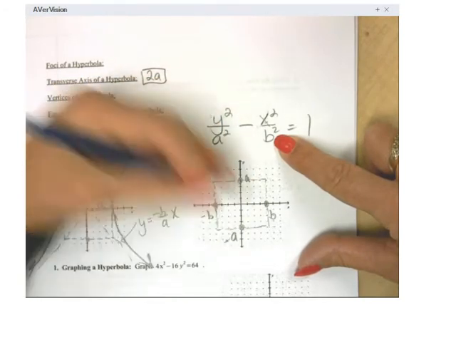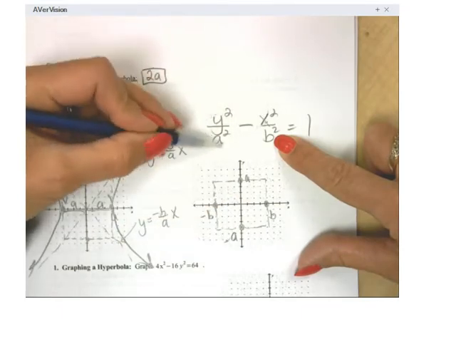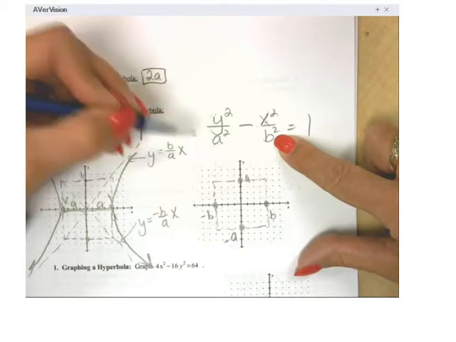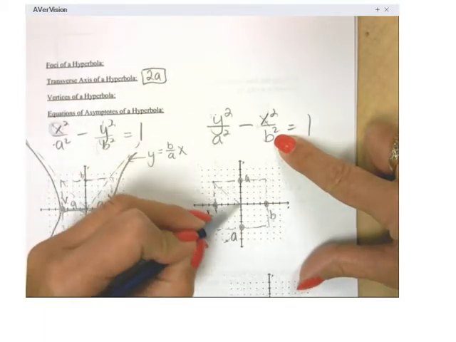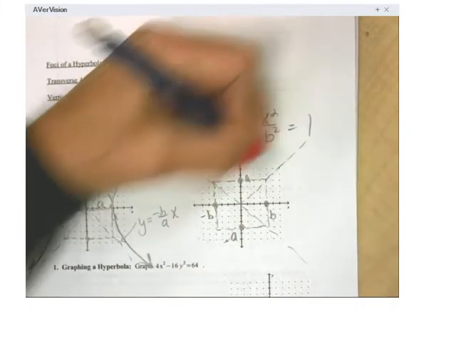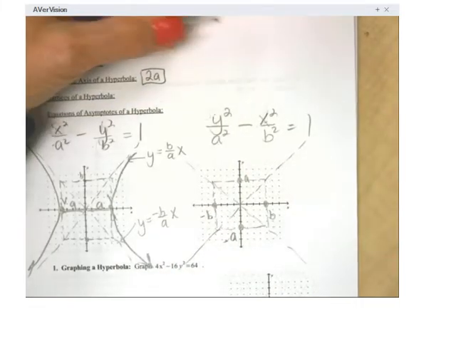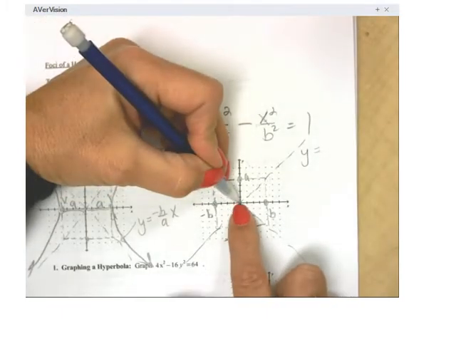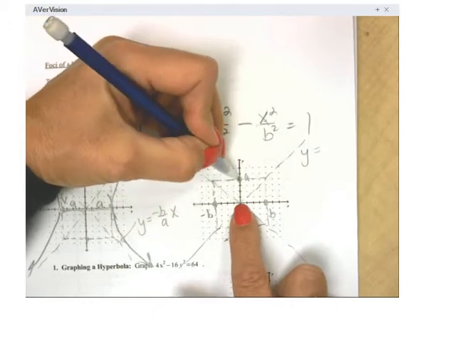I draw my box exactly the same way I did the others. And the variable that has the coefficient underneath, you will always be doing that movement for that one. But now I'll draw my asymptotes in, those diagonals of that box, and I'll write the equation.